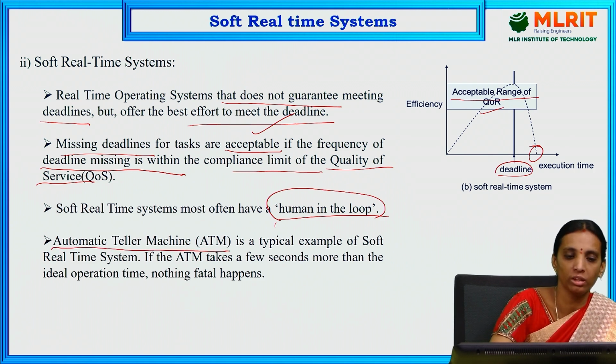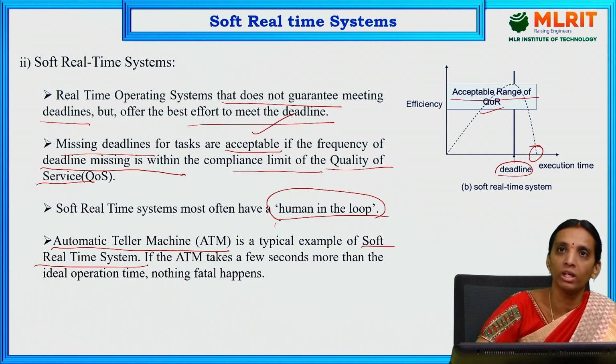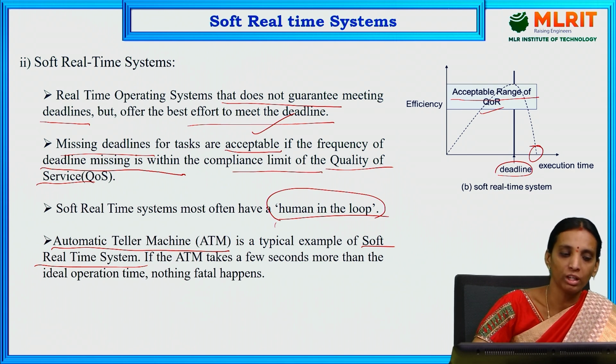Automatic teller machine, ATM, is a typical example of a soft real-time system. If the ATM transaction is not completed within the given time, we will not get any error or any damage to humans or systems, even though it takes a few seconds more. It will still give the performance, that means it will give the money to us. So the performance will be good even though it missed the deadline.